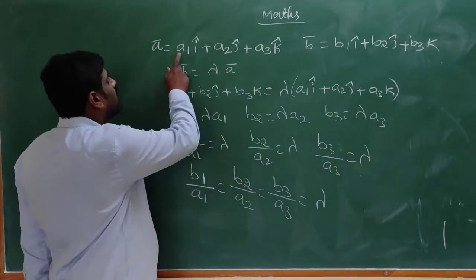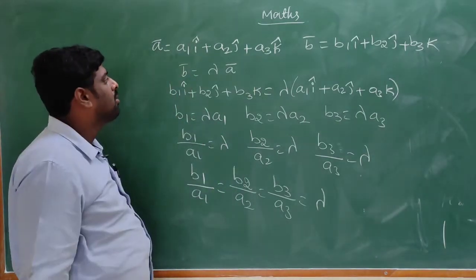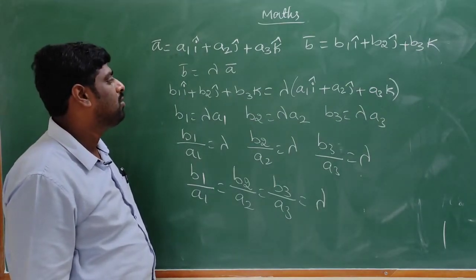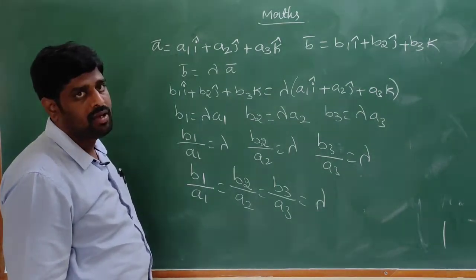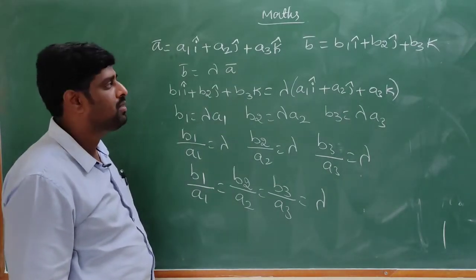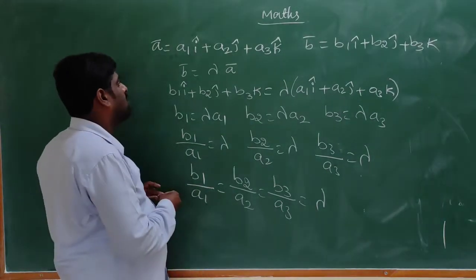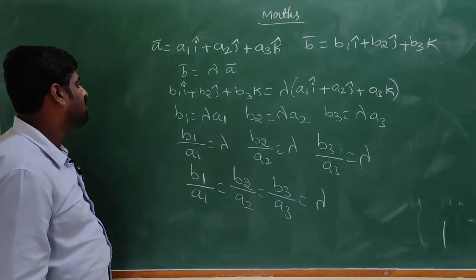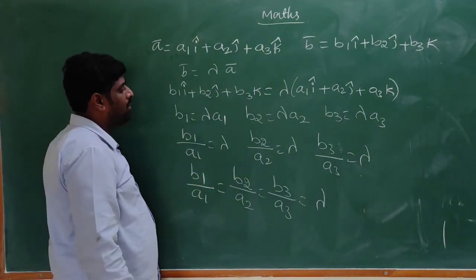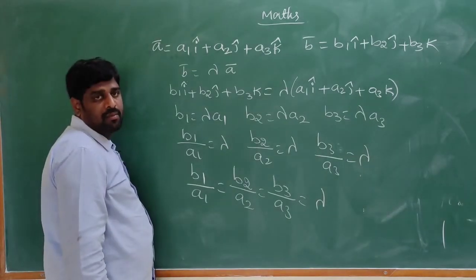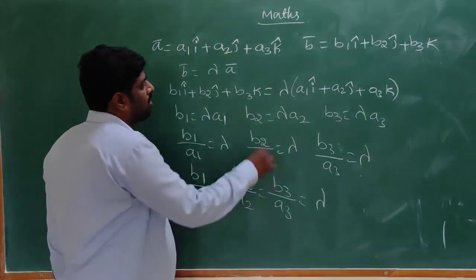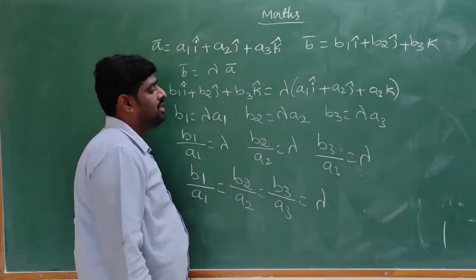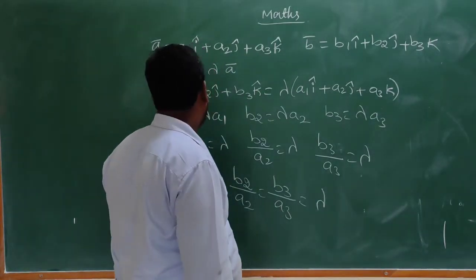That is, a bar is equal to a1 i cap plus a2 j cap plus a3 k cap, and b bar is equal to b1 i cap plus b2 j cap plus b3 k cap. So b bar is equal to lambda a bar, that is b1 i cap plus b2 j cap plus b3 k cap is equal to lambda times a1 i plus a2 j plus a3 k.